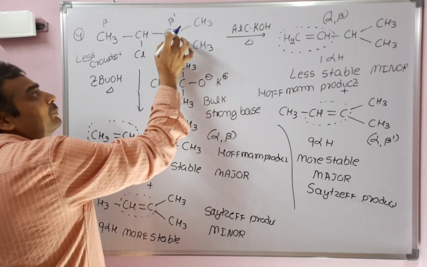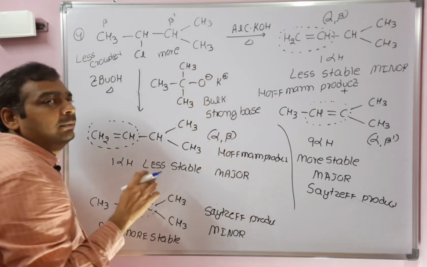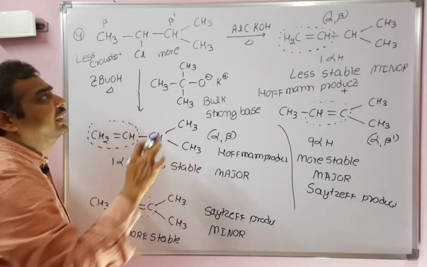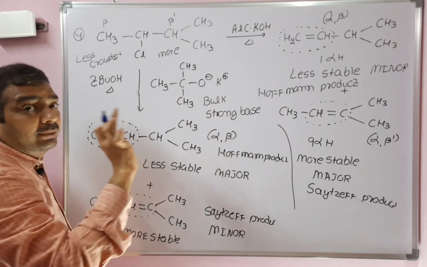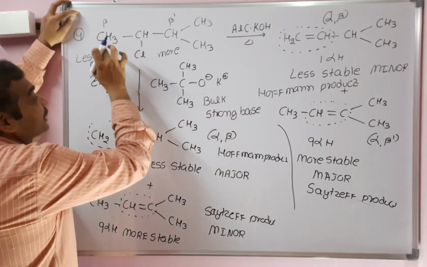A bulky base cannot abstract a proton at a more crowded position. A bulky base cannot abstract a hydrogen at a crowded beta carbon. A bulky base can abstract a proton at a less crowded beta carbon.